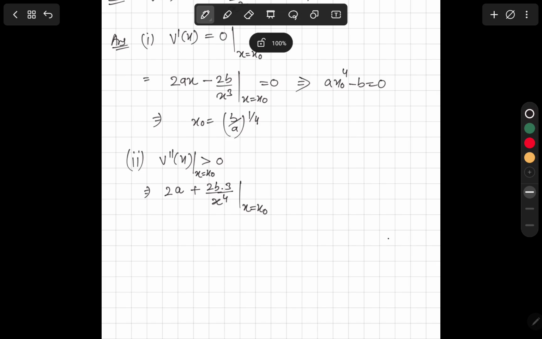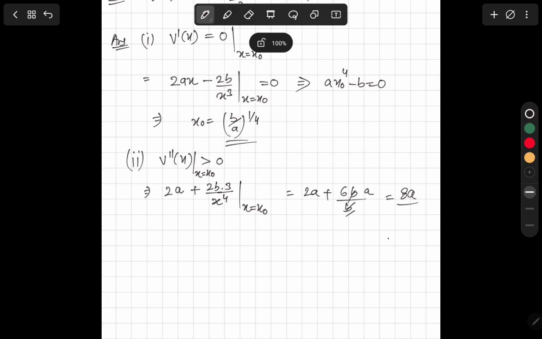So the second derivative will be 2a plus 6b times a over b, so it will be 8a. Since it is given that a is positive, this will perform small oscillation about this point.